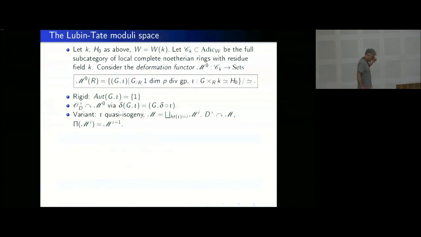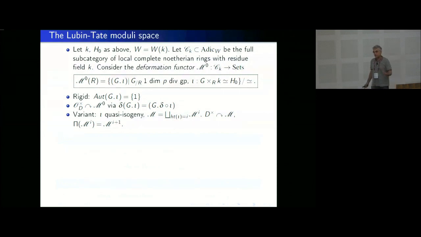It is of height H in dimension 1 over an algebraically closed field. This iota is basically a quasi-isogeny of H0, which is an element of D star. But D star is just O_D star times the cyclic group generated by pi. Okay, that's the structure of the units in this division algebra.